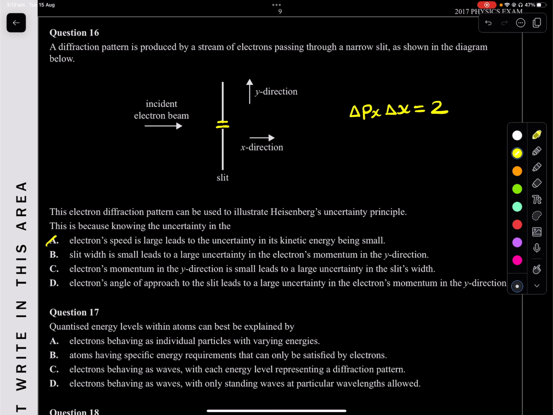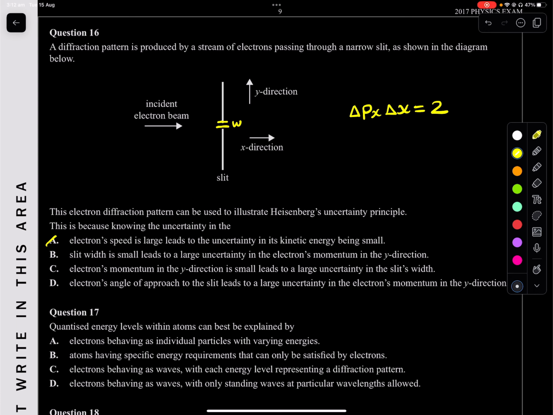Slit width is small, leads to a large uncertainty in the electron's momentum in the y direction. So the slit width, this width over here, is small, which would lead to a large uncertainty in the electron's momentum in the y direction. Makes sense.